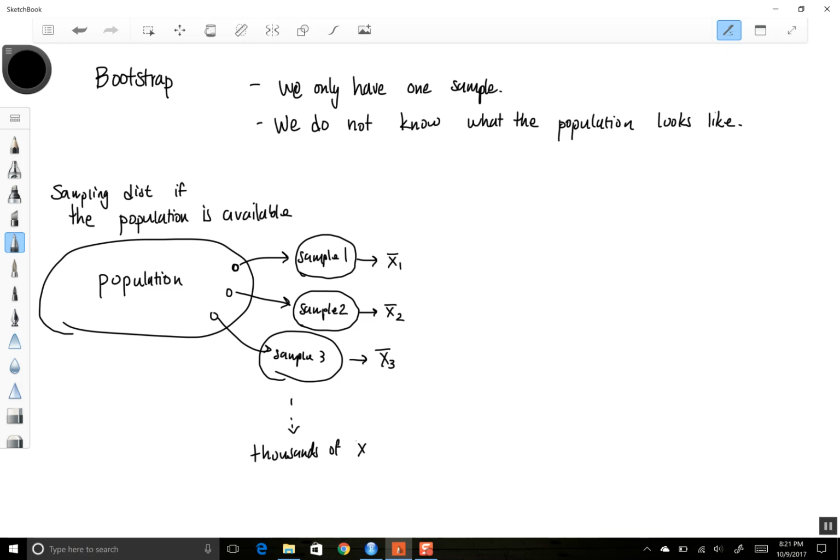Thousands of X bars. And we can get a distribution. This is the sampling distribution of all the different possible X bars. Or this would be an estimate of the sampling distribution, an estimated sampling distribution of all the possible X bars.